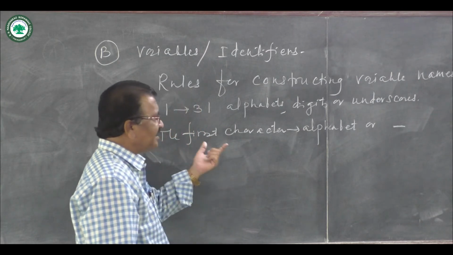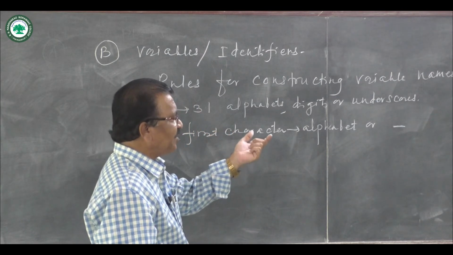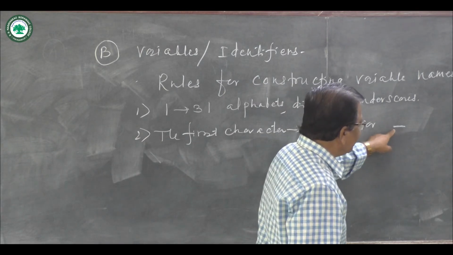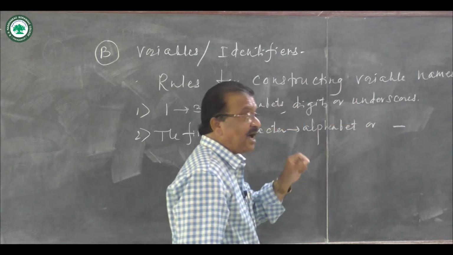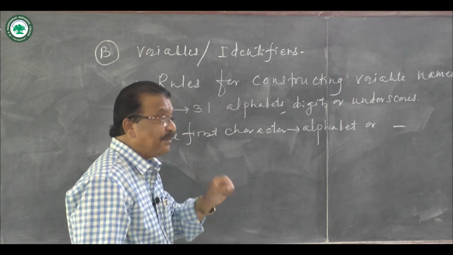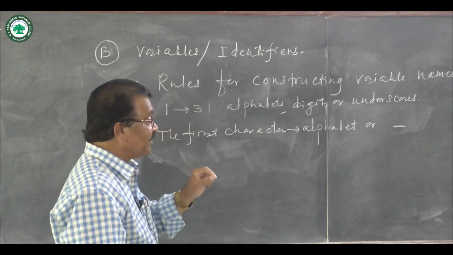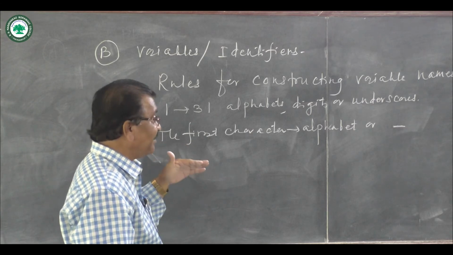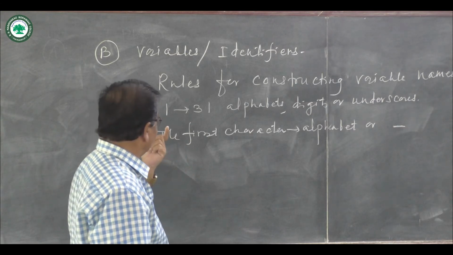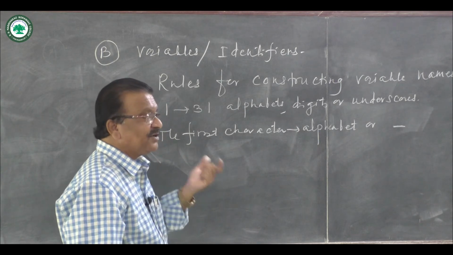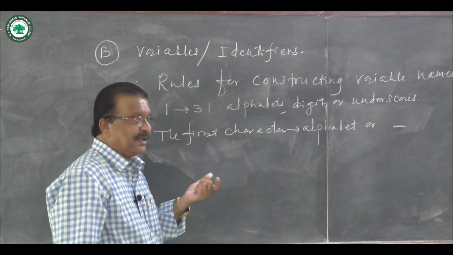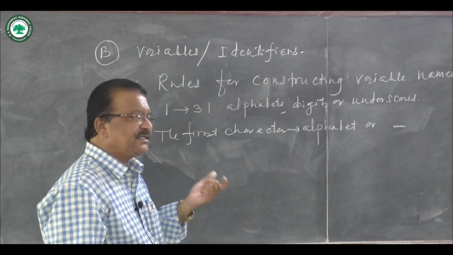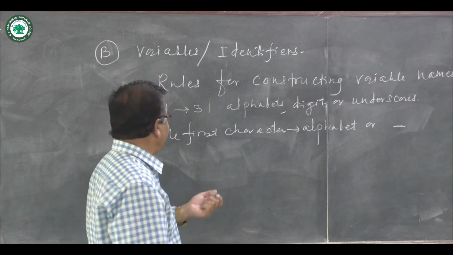The first character must be either an alphabet or underscore, but variable names starting with underscore are used for library routines and therefore are rarely used as user defined variable names. So the second rule says that the first character must be an alphabet, but even if it is an underscore, it doesn't matter, it will still be a valid variable name.